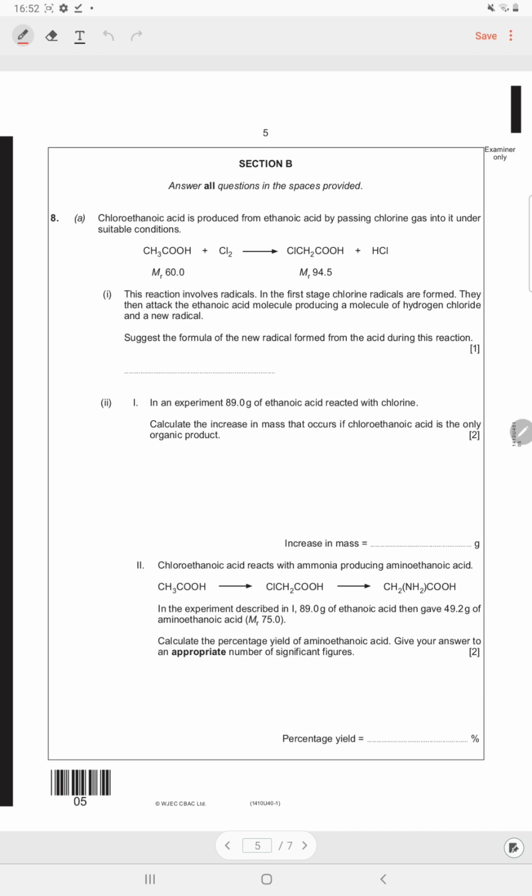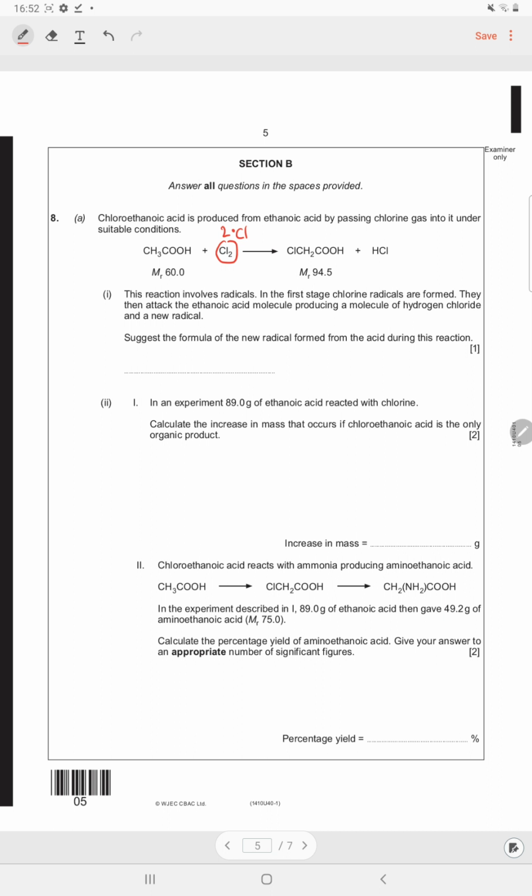So question 8 now, we're talking about producing something called chloroethanoic acid, by reacting ethanoic acid with chlorine, so it's a radical reaction. You might remember that from year 12, I hope you do. Suggest the formula of the new radical formed from the acid during this reaction. Okay, so because it's a radical, the chlorine is going to become radicalized.